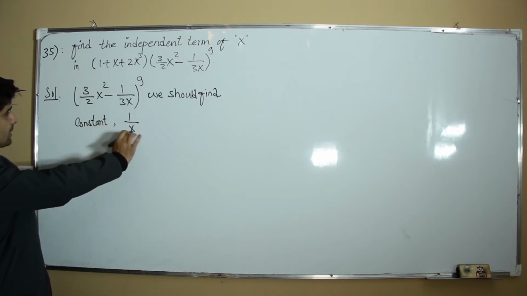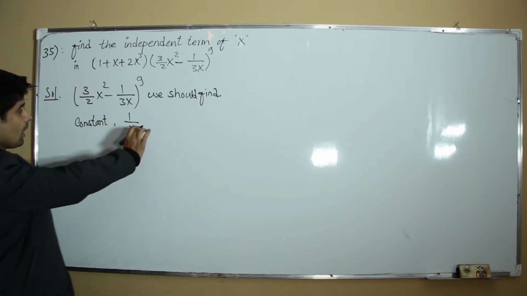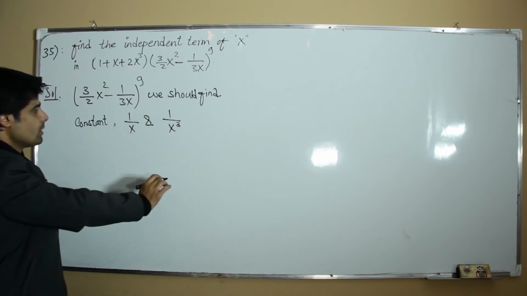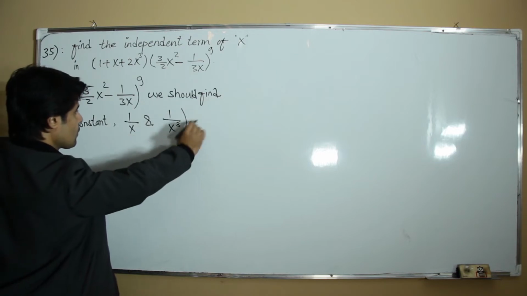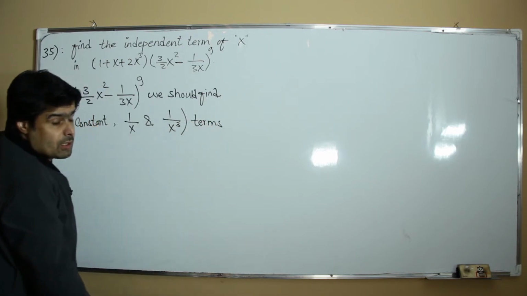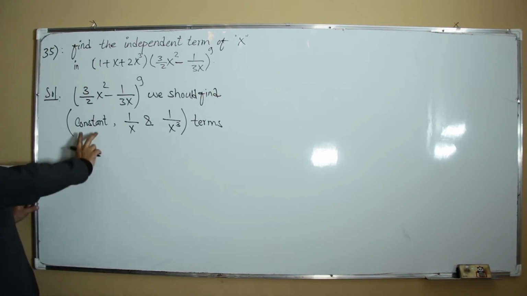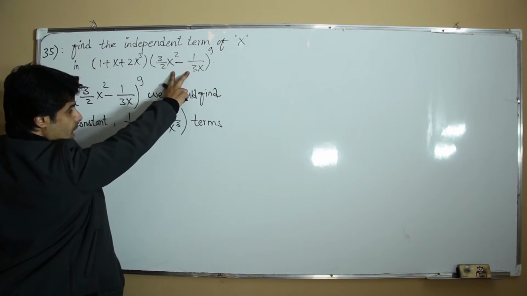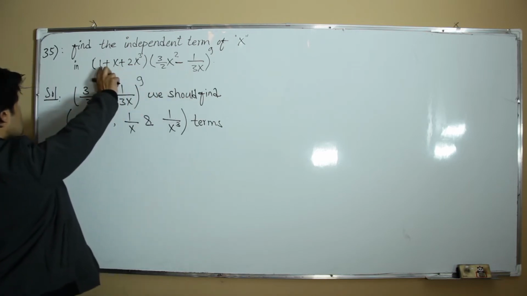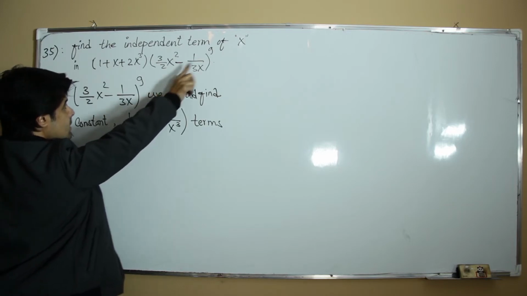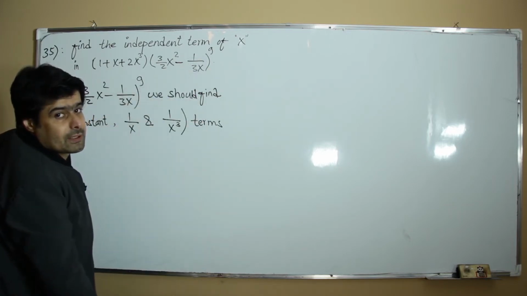next, 1 divided by x term, and 1 divided by x cube term. We should find these terms. Why these 3 terms? The constant term in here, this constant term multiplied with this constant term gives a term independent of x.